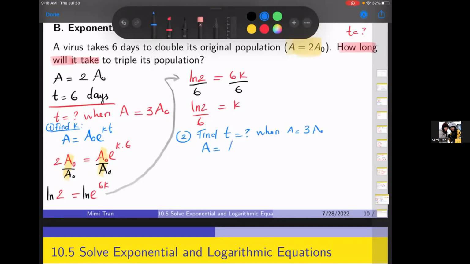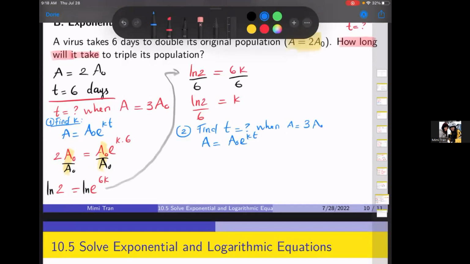A equal A naught e to the kt, and just rewrite the formula there. And I'm gonna replace A with 3 A naught, kind of like I did on the other step. Keep it red. And on the right hand side, A naught remains as A naught. E, now I have k, right? So I'm gonna replace k with ln 2 over 6, times t. T is what I'm looking for.